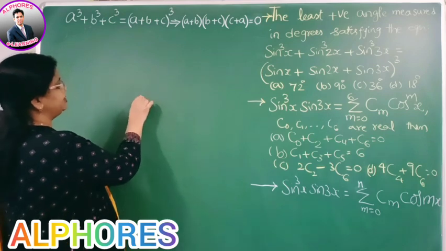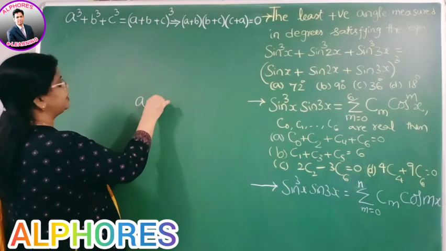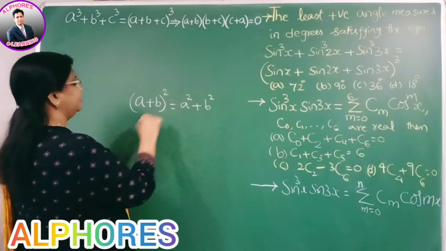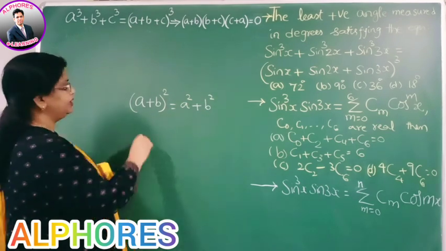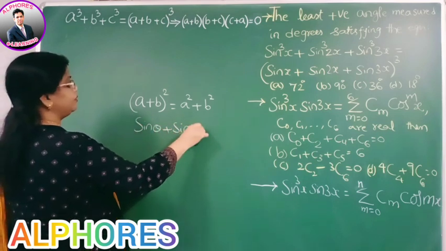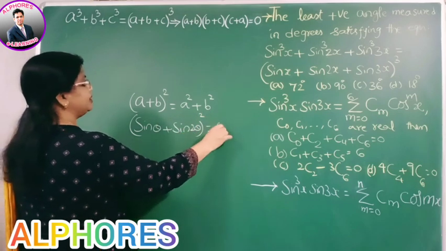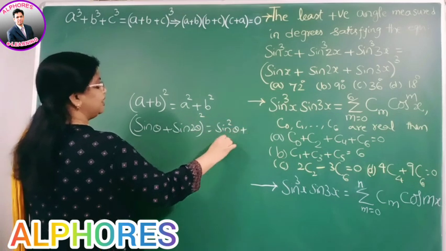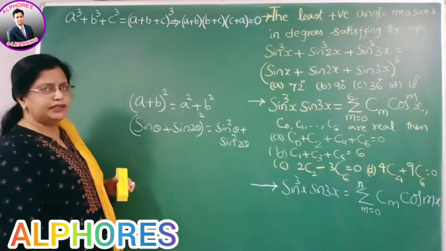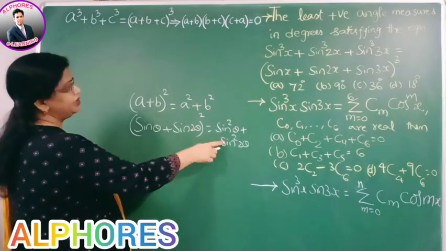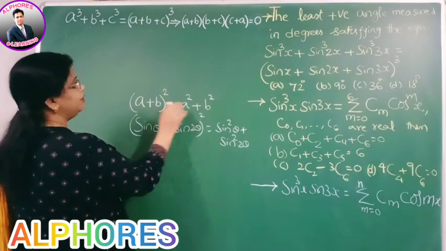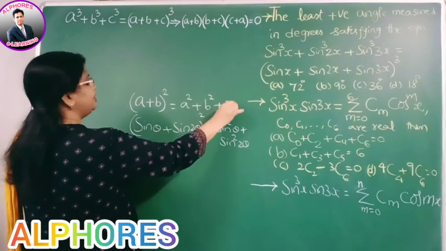Have a glance. Suppose I am taking a plus b whole square equal to a square plus b square. If I gave a condition like this, that means sin theta plus sin 2 theta whole square is the same as sin square theta plus sin square 2 theta, right? If a problem is given in this way, then what happened here is the formula is nothing but a square plus b square plus 2ab, isn't it?